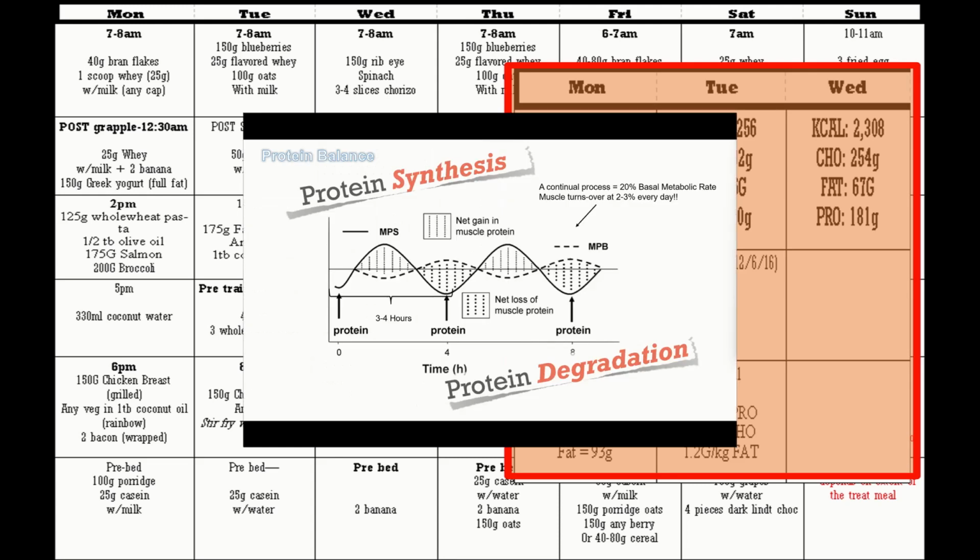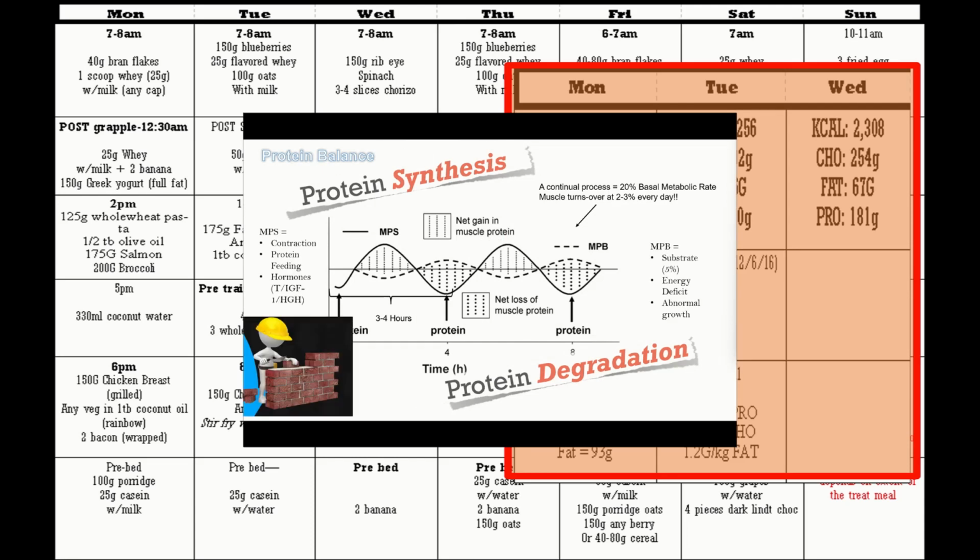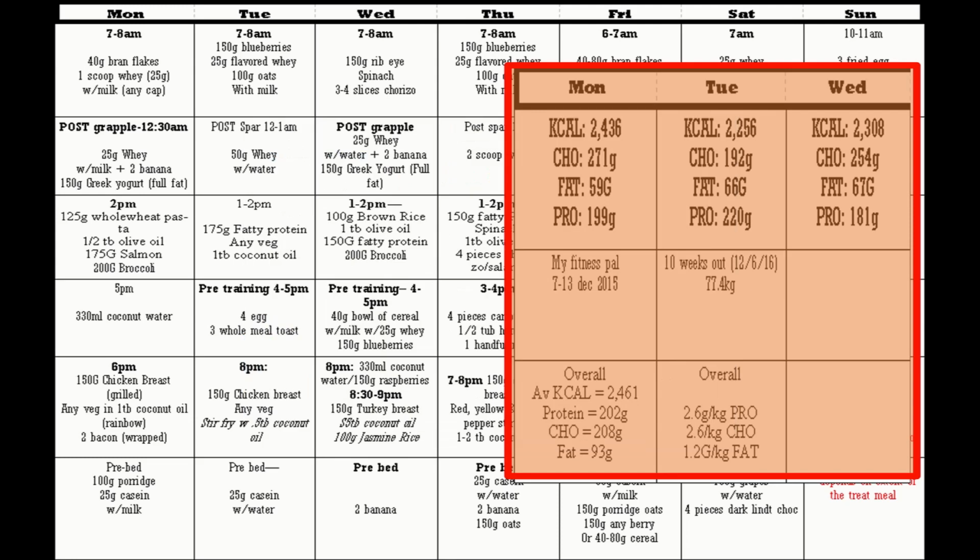Now, given that for 8 hours we are asleep and we're only awake for 16 hours on average per day, the meals have been designed in such a way that every 3 to 4 hours, a good quality, complete protein source is being consumed by the athlete.